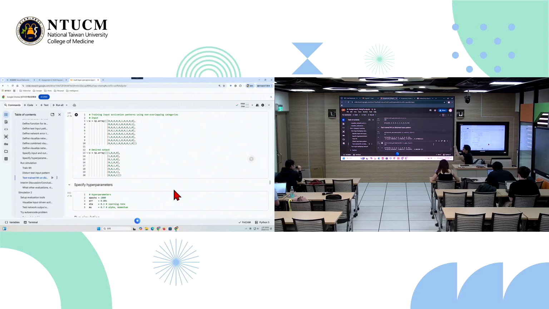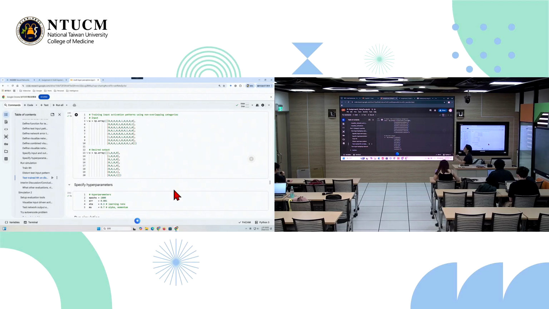So the input, if you go up to the data table, yeah. So you trained the MLP on, this is category A, B, C, and D, right? Yeah. These are the 4 categories. And what does it mean by category is, this is category A, B, C, and D, correct?